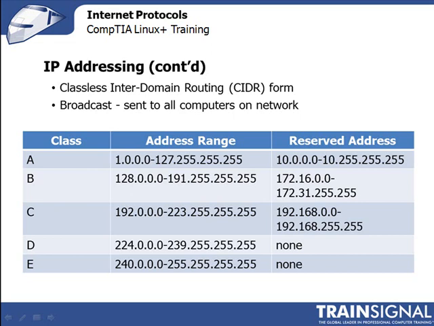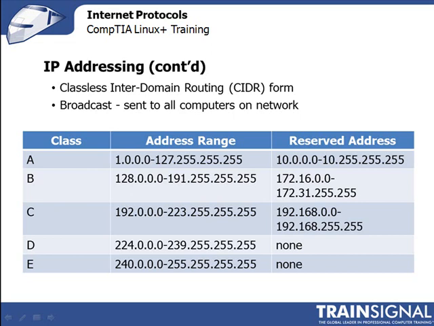Taking a look at classless interdomain routing form, or CIDR, the first class is A, which has an address range of 1.0.0.0 to 127.255.255.255. And it has a reserved address range of 10.0.0.0 to 10.255.255.255.